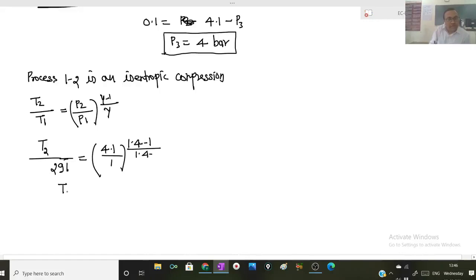So from here the value of T2, that is temperature at the end of the compression, comes out 435.5 Kelvin.